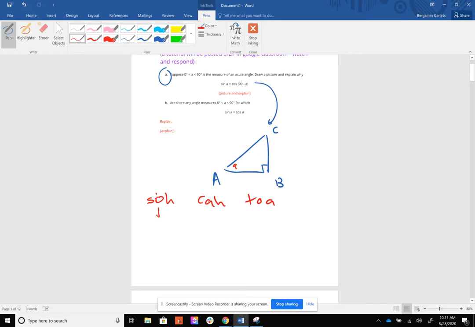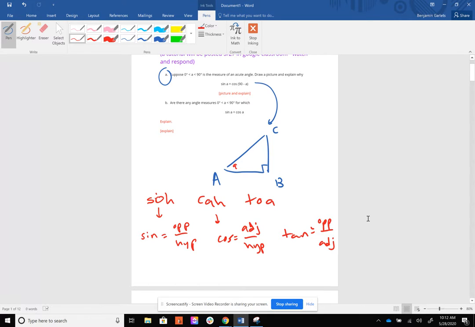And what it does is it says that the sine is equal to the opposite over hypotenuse. Cosine is equal to adjacent over hypotenuse, and that the tangent is equal to the opposite over adjacent.